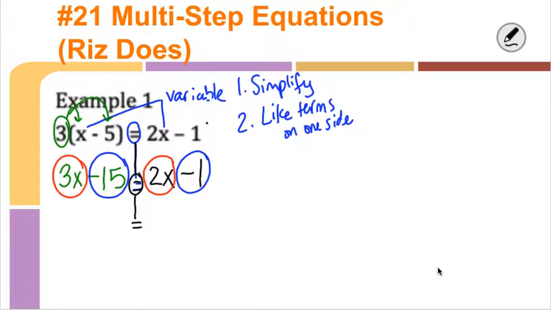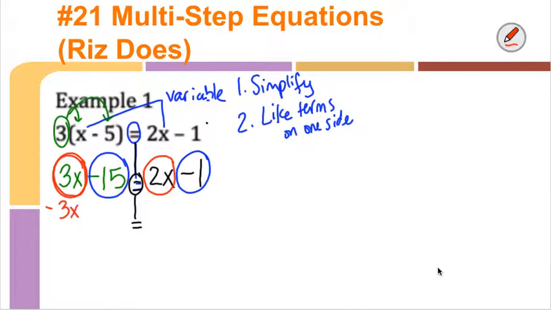The way that I can move it across the equal sign is I need to take it away, right? If it's positive, I need to take it away. If it's negative, I need to add it. So I can start with either one. So I see this 3x, right? And I want it to be on the side of the 2x. To be able to move it, I'm going to subtract it, right?